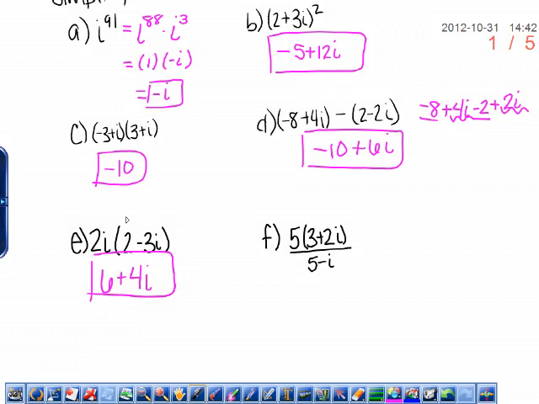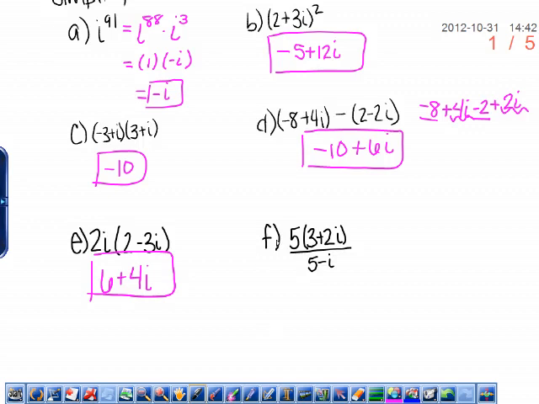Why is that? It's just kind of like how someone said the standard form of a quadratic is ax squared plus bx plus c. Well, someone said that the standard form of a complex number is real part, then imaginary part. It just is. You just got to go with it.